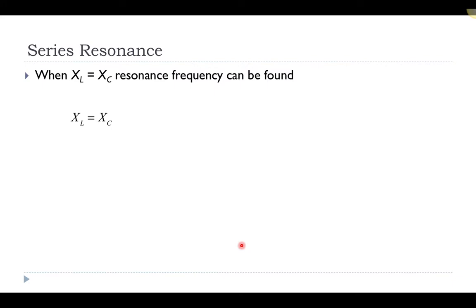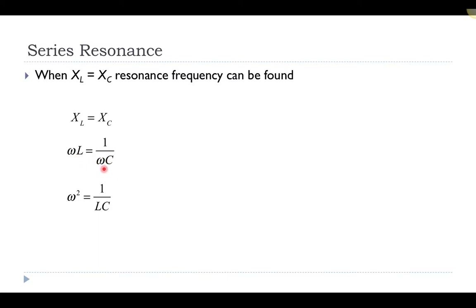So let's see if we can figure out what that resonance frequency is, when the inductive reactance is equal to the capacitive reactance. If we set those two equal to each other, and put in that the inductive reactance is the angular frequency times the inductance, and the capacitive reactance is 1 over the angular frequency times the capacitance, I can cross multiply.